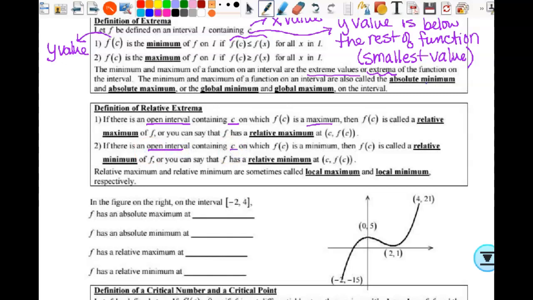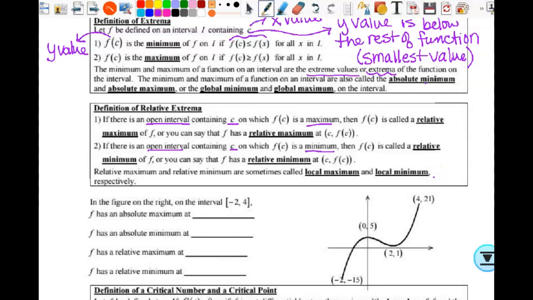Where f of c is a minimum, then it's called the relative minimum, or local minimum. They're the same thing, relative and local. And so the maximum and minimum values are the y values, the location is the x value. It's kind of important to keep that part straight as well.